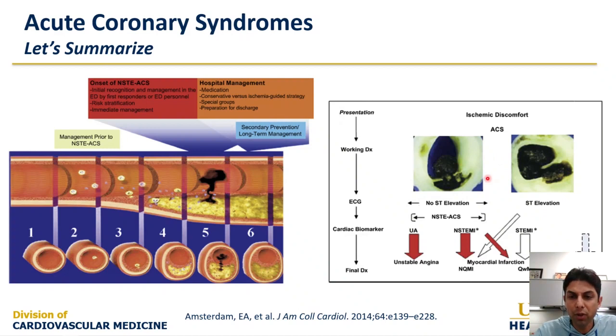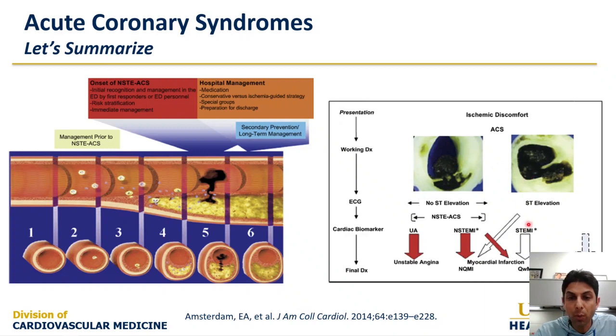Now, the right figure illustrates the clinical, pathological, electrocardiographic, and biomarker correlates in an acute coronary syndrome. So flow reduction may be related to a completely occlusive thrombus, as in an ST-elevation myocardial infarction, or a subtotally occlusive thrombus, as seen in an NSTEMI or unstable angina.